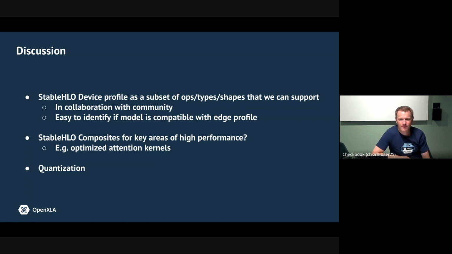We think there could be some value in doing that with the community, particularly if multiple different vendors had implementations. It would make it easier for somebody working in a framework or developing a model to check, hey, does the set of things I'm doing in this model meet a first pass test: do I only have operations in this model that are compatible with the edge profile, if we add such a thing?